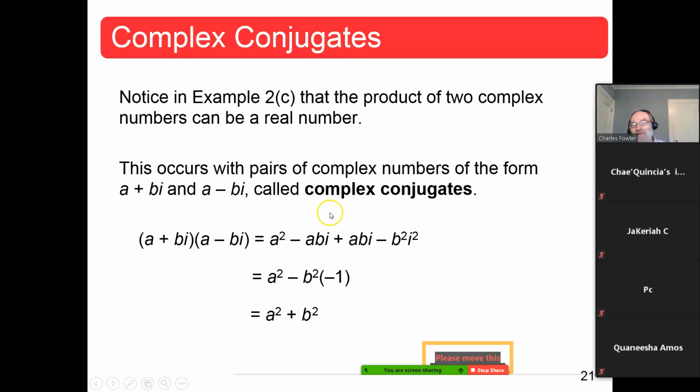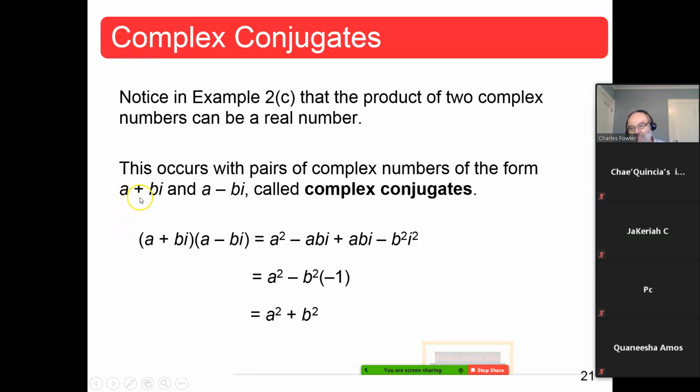Those are called complex conjugates of each other. If you didn't have the i in there, you would call that conjugates of each other. If you had radicals in there, you'd call it conjugates of each other, but you use that to rationalize. You would take an irrational expression and make it into a rational expression.